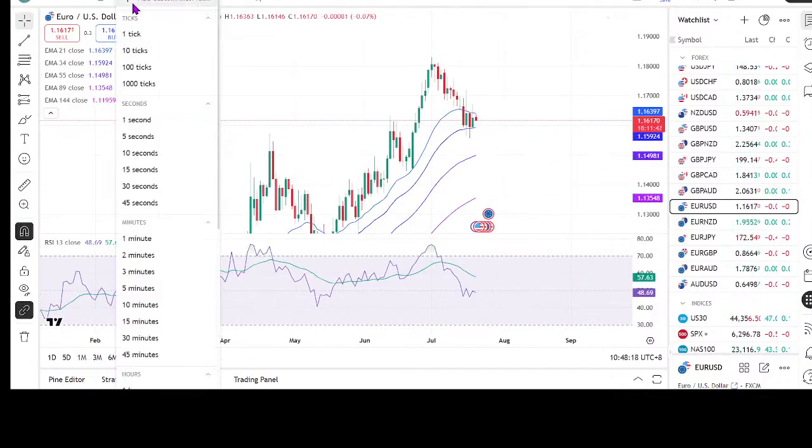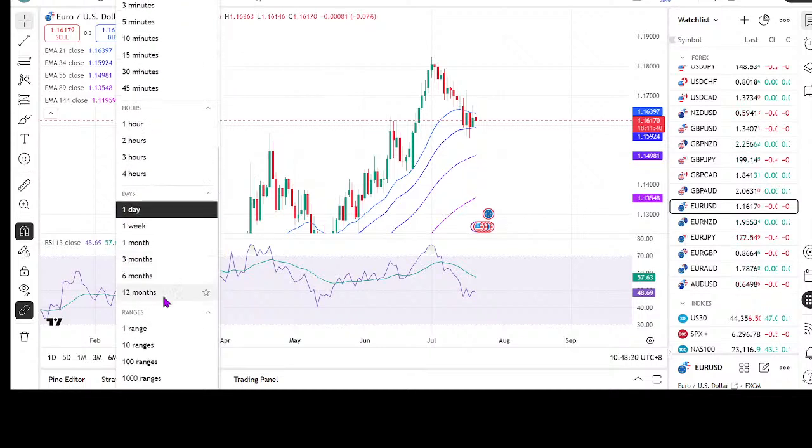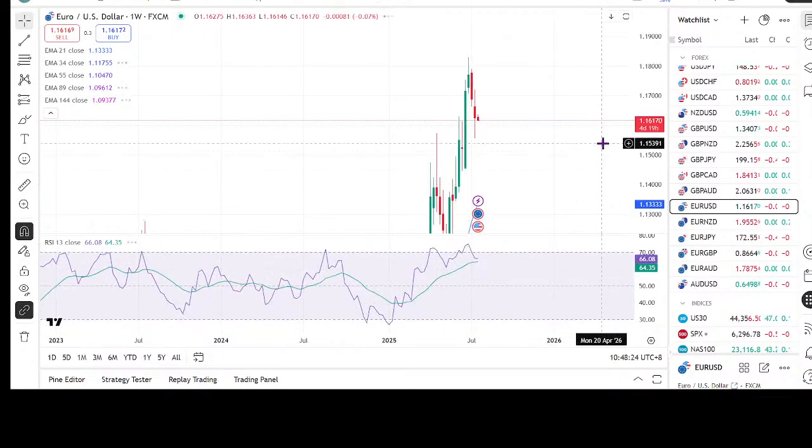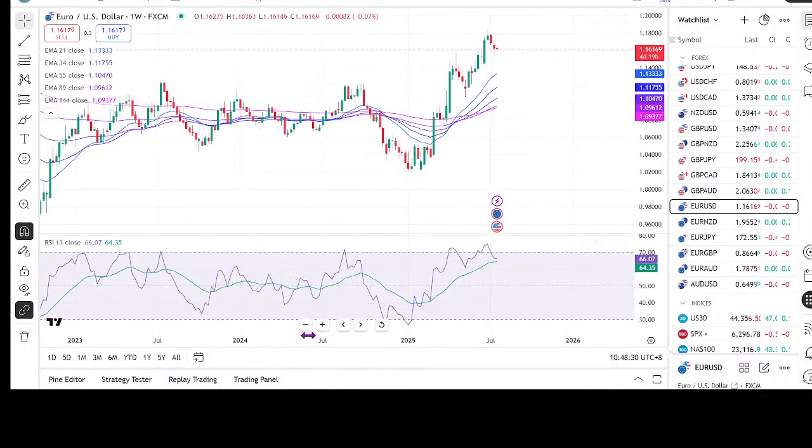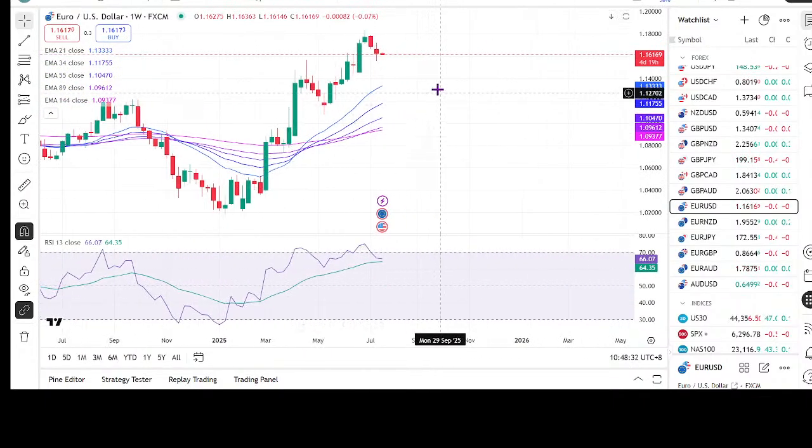Starting from weekly, at least we will get a very clear idea of the range. When we look into the weekly, we have yet to see the low. The correction is yet to be over.